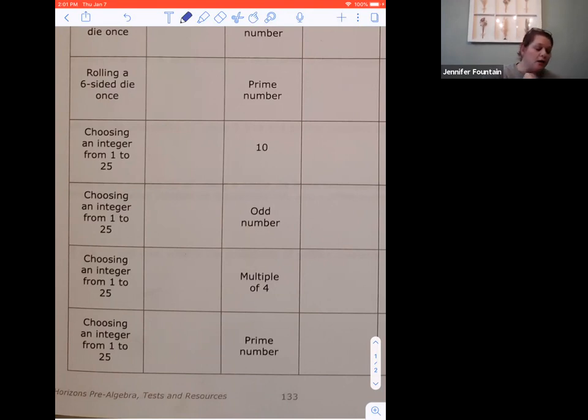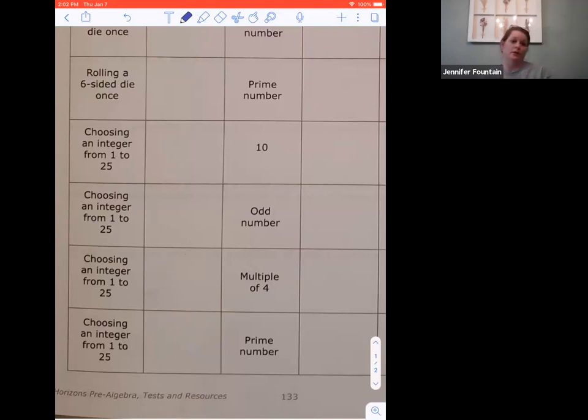So when this says choose an integer from 1 to 25, I'm only talking about whole numbers. I'm not talking about 25.2 and 25.252 and 25.719. I'm not talking about fractions and decimals. I'm not talking about 22 and a half. I'm not considering fractions and decimals because there's a whole bunch of those.